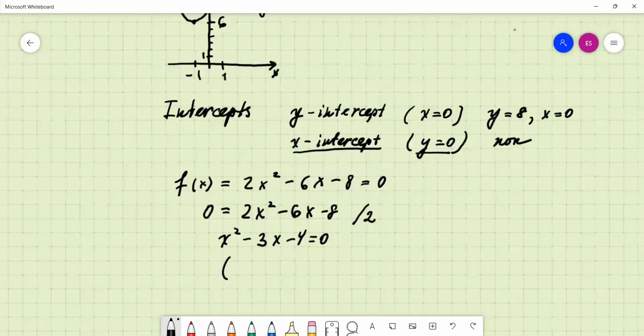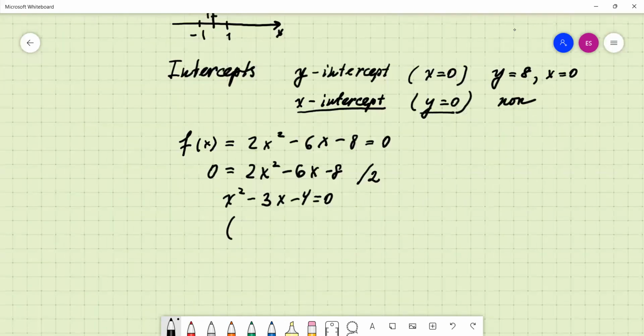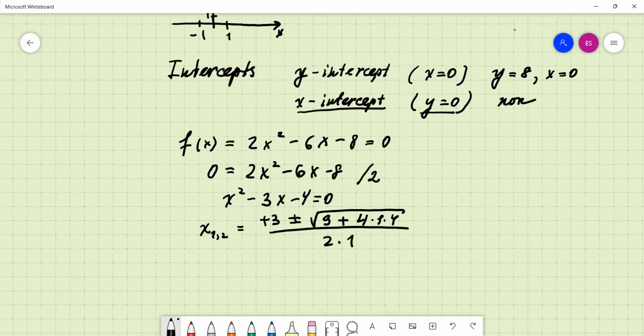I'm going to use the formula. x1,2 equals minus b, which is minus 3 already, so it's plus 3, plus minus square root of minus 3 squared is 9 plus, because it's minus here, right? The formula has minus and there's one more minus. 4ac, 4 by 1 by 4, and divided over 2a, which is 2 multiplied by 1.